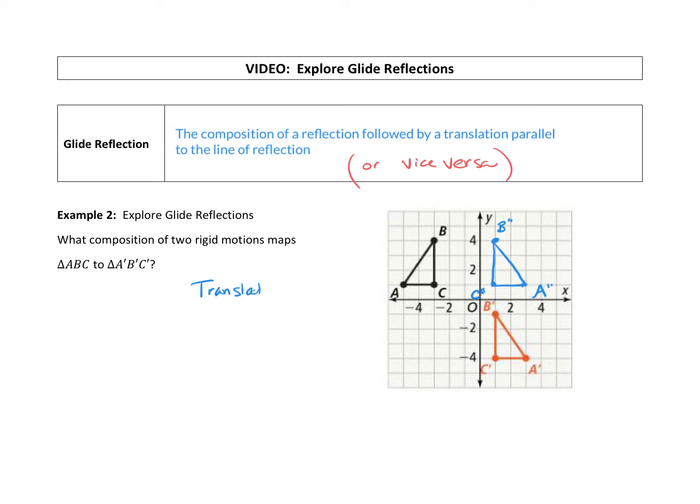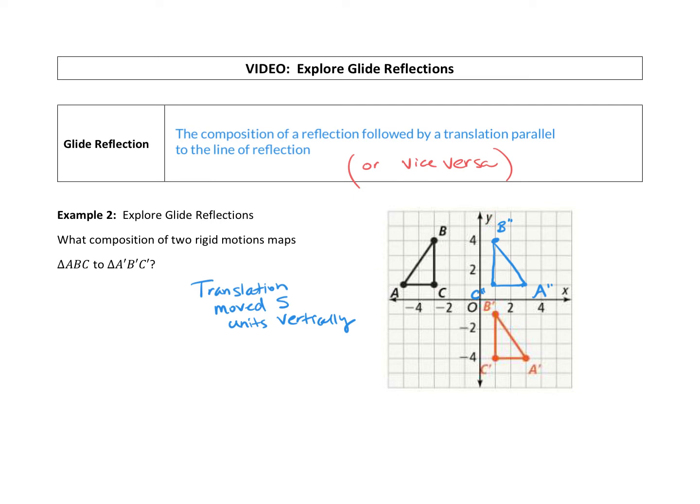Maybe we'll write it out in words first. So the translation, we moved 5 units vertically. Okay, so now how can we get our blue triangle mapped onto our starting triangle?